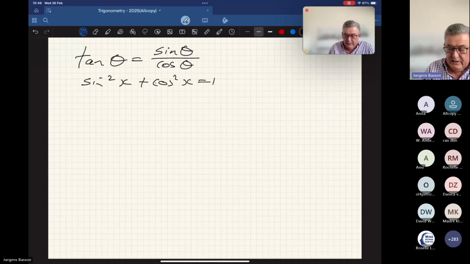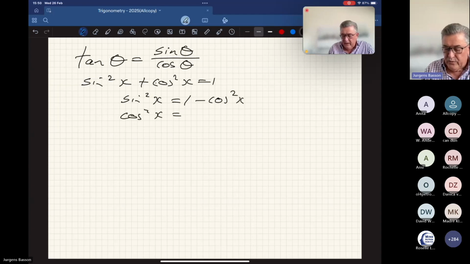And please, whenever you discuss this with your grade 11s and when you revise it with your grade 12s, show them the alternatives as well, because that is quite important in trigonometry in grade 11 and 12. So those are the identities for grade 11. That takes me to the end of grade 11.